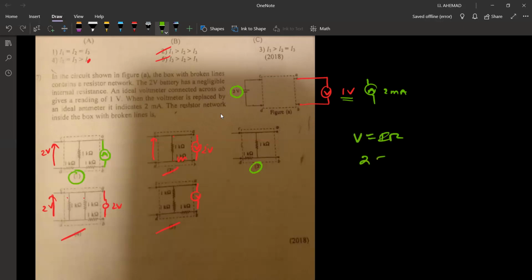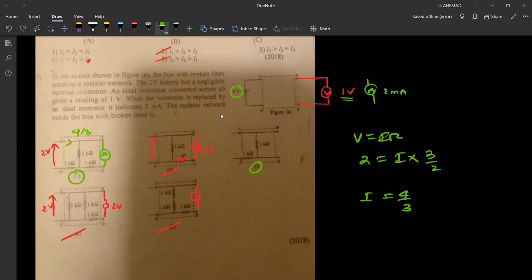V is 2 volt, I is not known, R is 3 by 2. So I is equal to 4 by 3. This is a 1:1 ratio. When it divides, we won't get 2 milliampere.